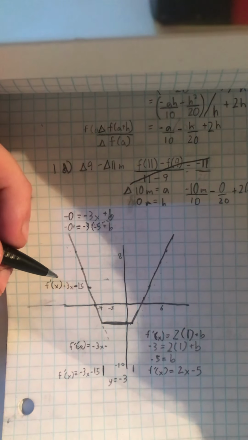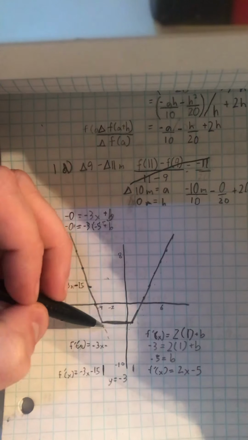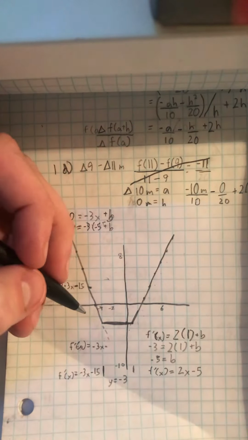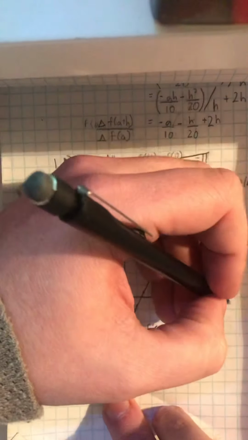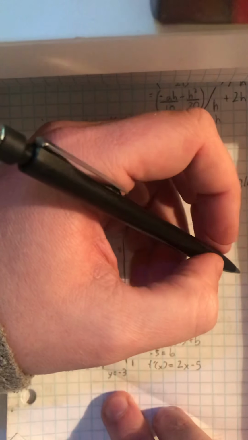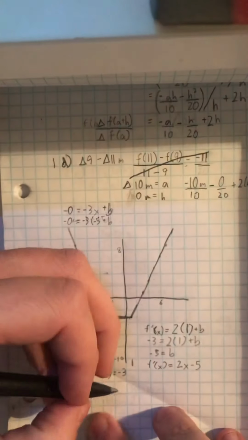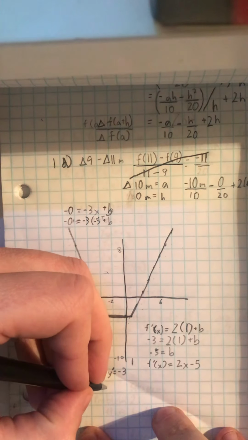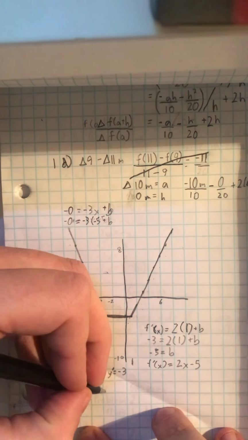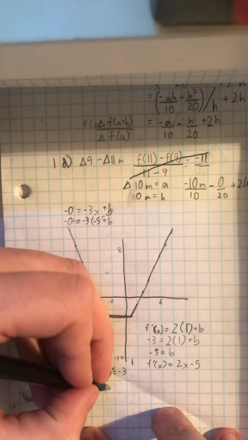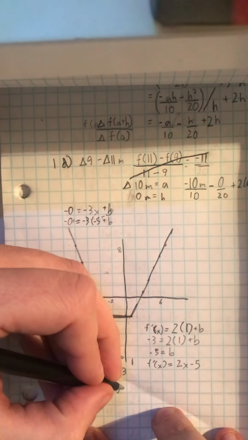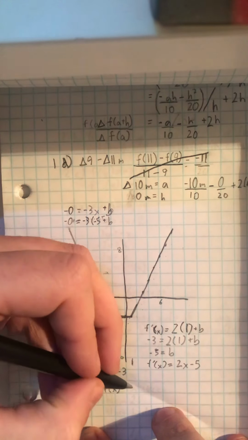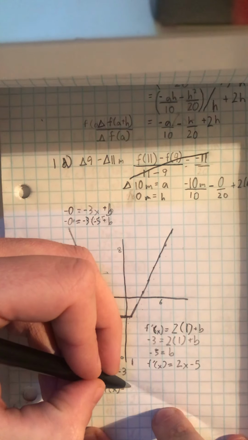So from here we can see that this is flat. Using our derivative rules, for this section, if f prime equals -3, then regular old f of x on this interval must be -3x.